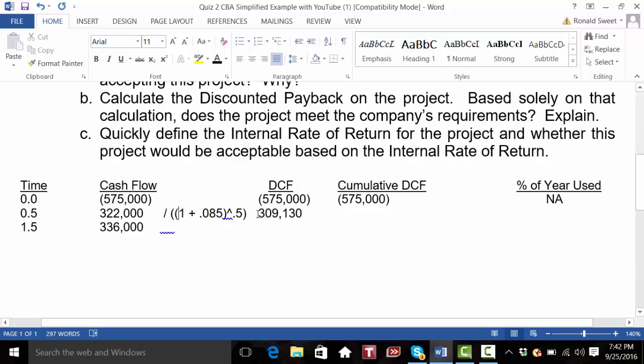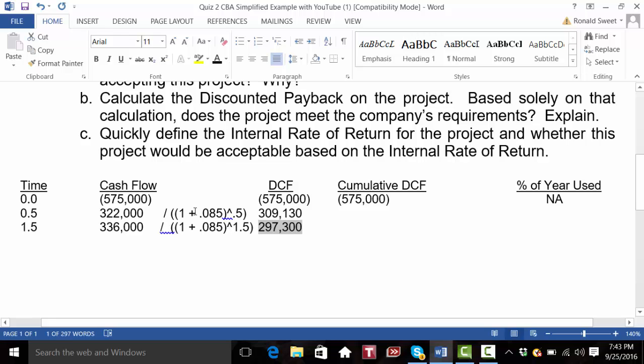And when you do that, you should get $309,130. We do the same thing with that second year's cash flow, except here we raise 1 plus the discount rate to the 1.5, and we should get $297,300. Notice that I'm rounding to dollars. There's no reason to put pennies on there, given that these are forecasts anyway.